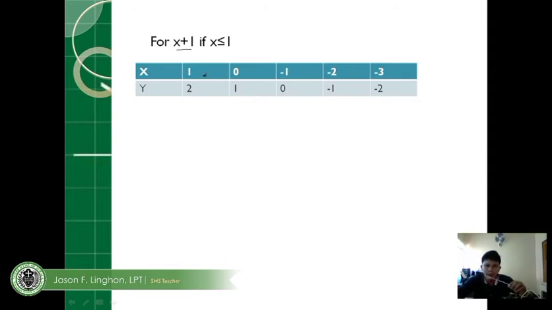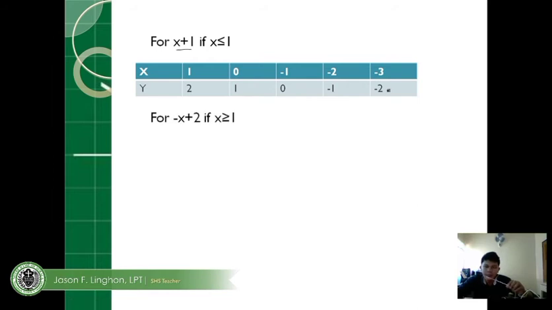So, if x is 1, 1 plus 1 is 2. If x is 0, 0 plus 1 is 1. If x is negative 1, negative 1 plus 1 is 0. If x is negative 2, y is negative 1. If x is negative 3, negative 3 plus 1 is negative 2. So, yan yung kanyang table of values.